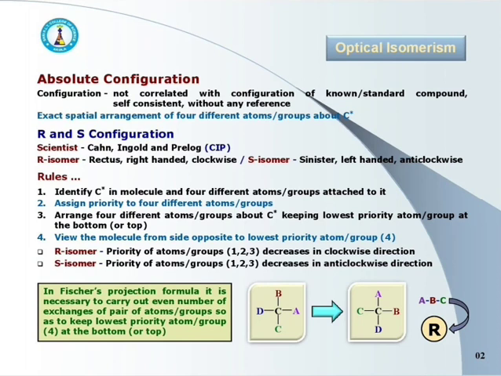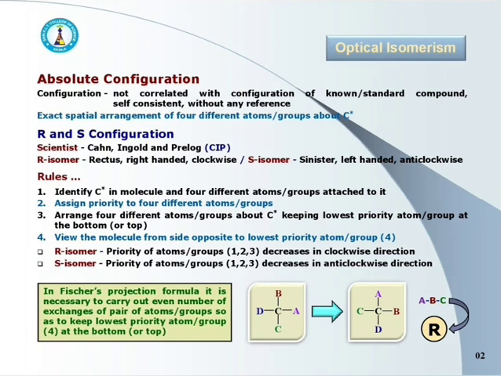To specify the absolute configuration at an asymmetric carbon atom, the method used is the R and S system of configuration. The scientists Cahn, Ingold and Prelog proposed this RS system of configuration.